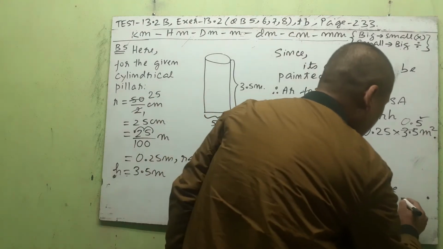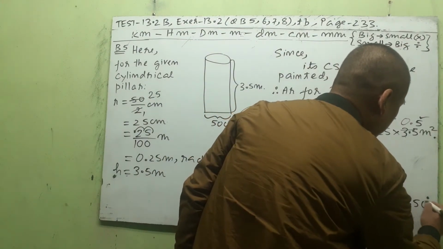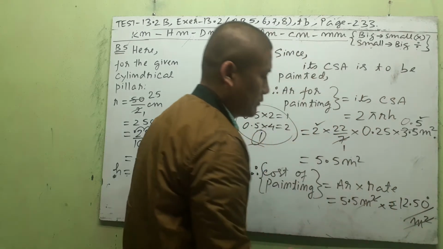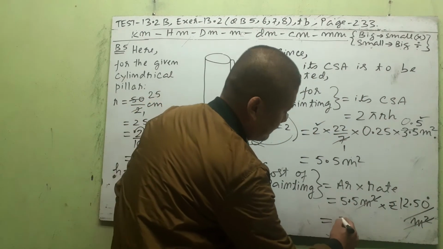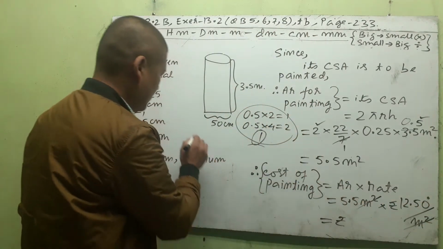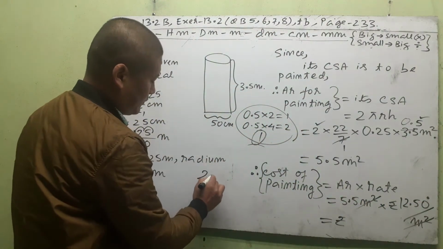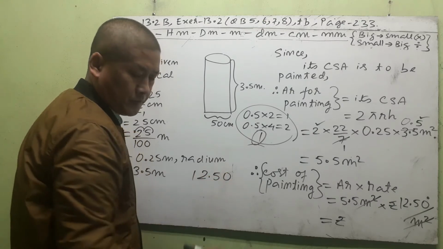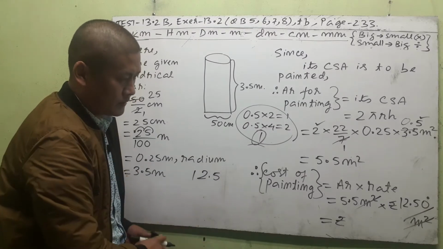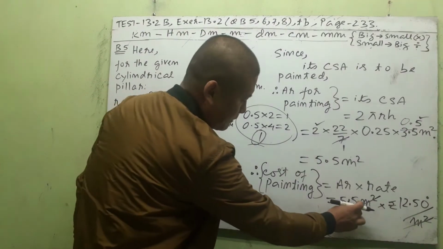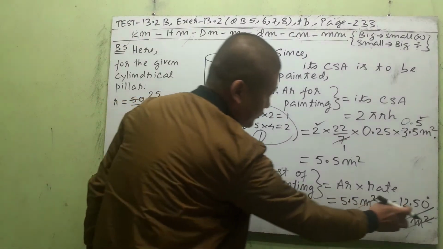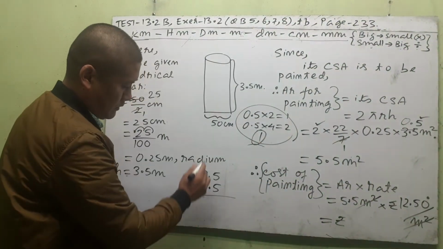So 12.50 paise per means divided by per meter square. So this meter square will cancel. So you're left with rupees here, 5.5 multiplied to 12.50. But the zeros of the decimal at the end need not be considered to shorten our multiplication, in order to save time. So you can just multiply 5.5 to 12.5 and write these things on your rough.